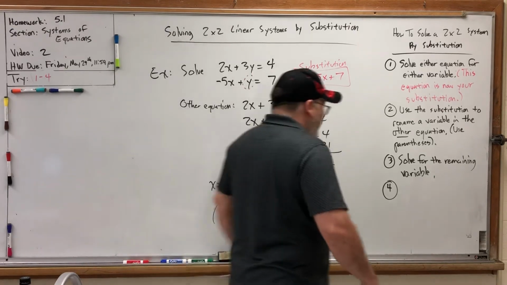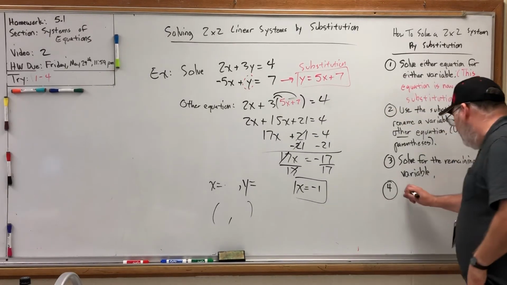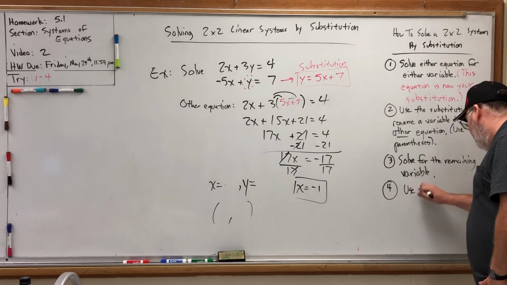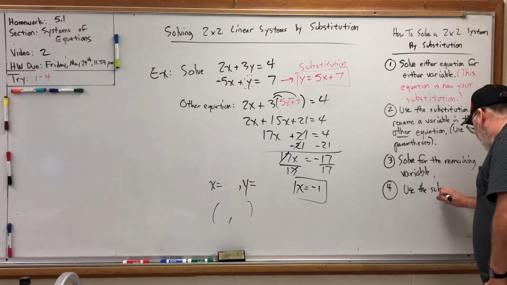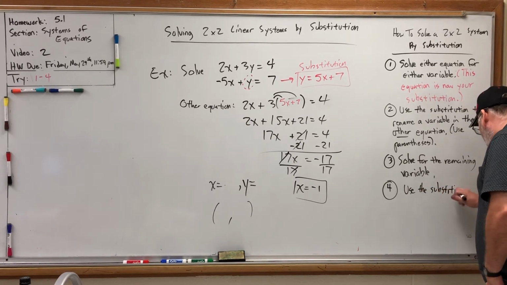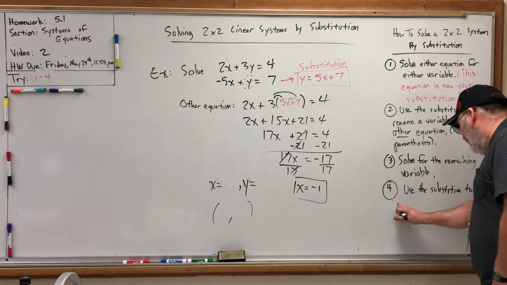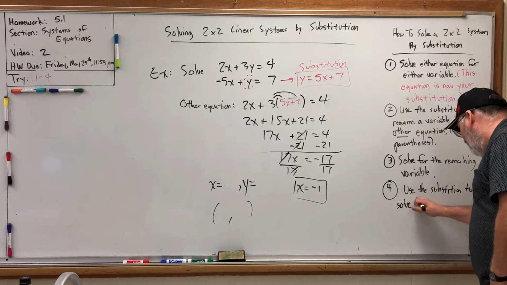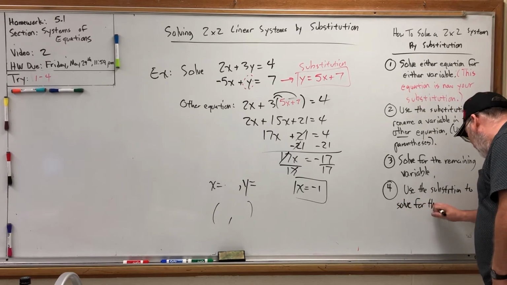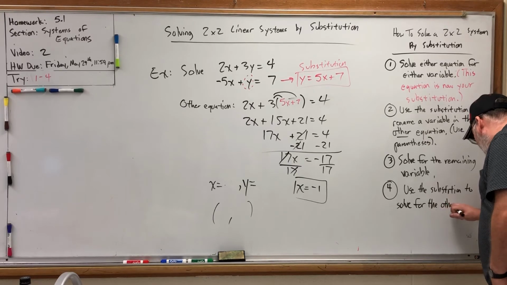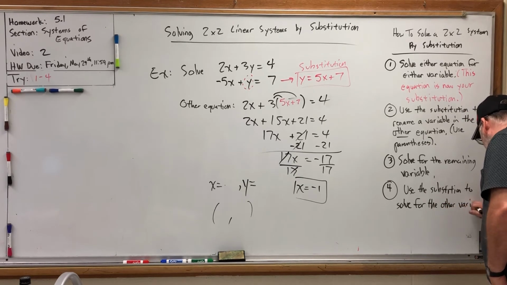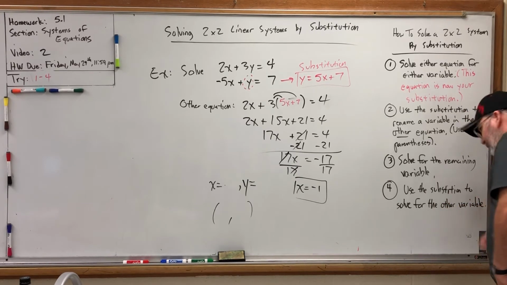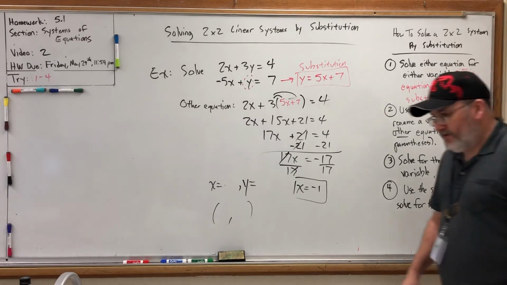So for your fourth and final step, use the substitution to solve for the other variable. Your substitution takes a variable out of the picture temporarily so that you can solve for the second one.